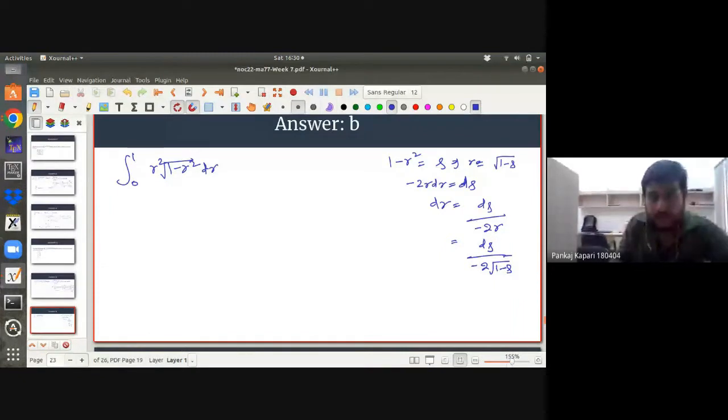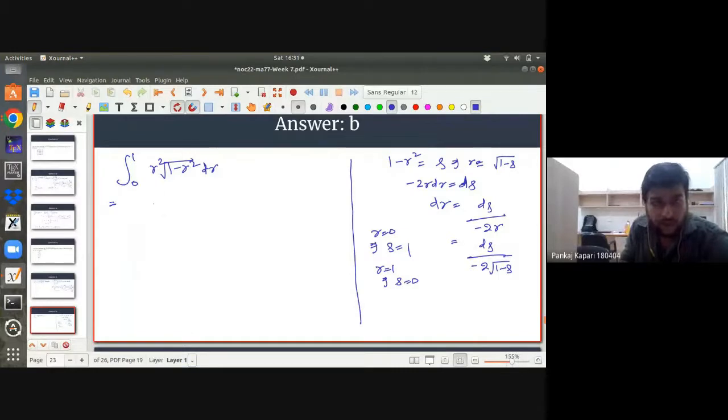Okay. And again, note that when r becomes 0, s will become 1, and if r becomes 1, then s will be 0. This minus sign we will use to change the limits of the integral, because when you change the variable, the integral will become from 1 to 0.